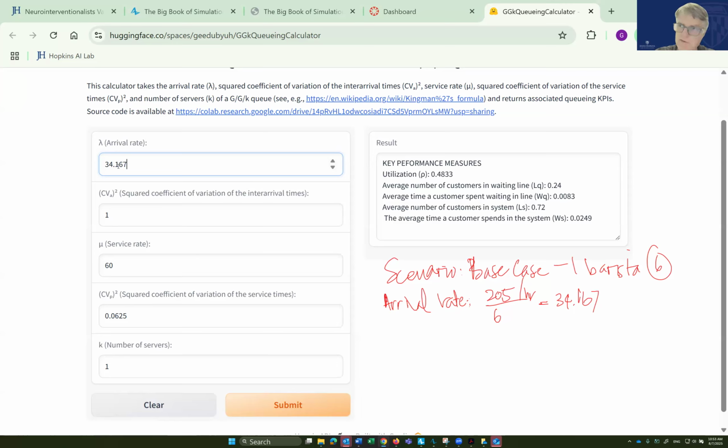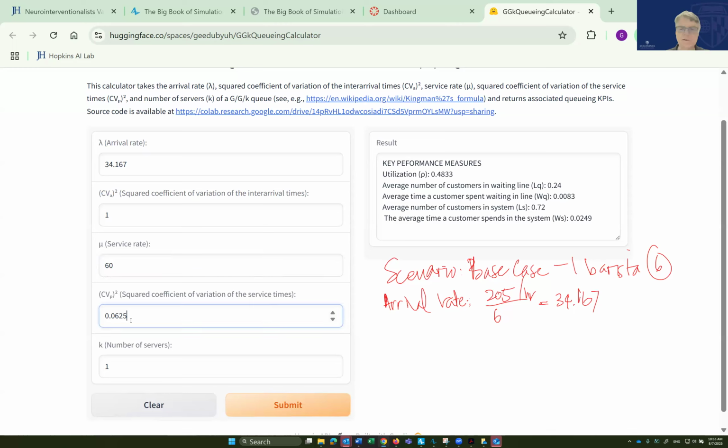Machines are the clubbers, relatively low variance there. Standard deviation is only 10 seconds. Let's see what we get. Because it's a Poisson process, the squared coefficient of variation for arrivals remains 1. The service rate is 60 per hour because we're back with a clubber. In fact, for the VAV and the clubber, it's always 60 per hour.